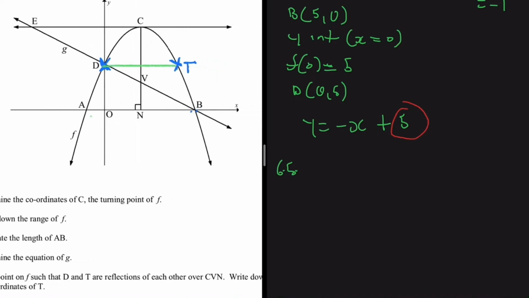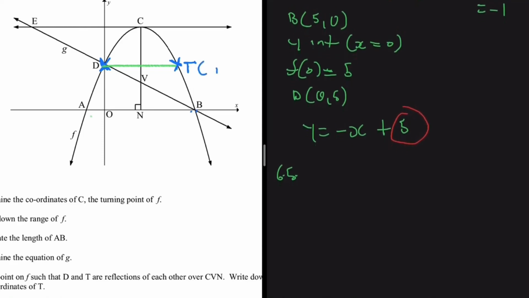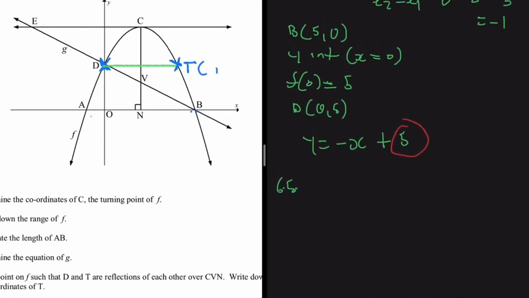If T is a reflection of D about the axis, then D and T should share the same y value. So now at this point we know that the y value of T is the y value of D, which is 5. Now we only need the x value.